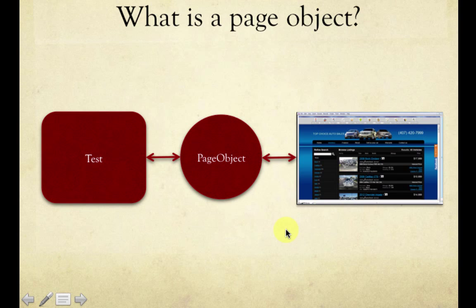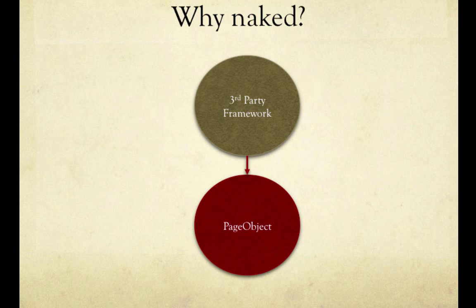Okay. So why naked? Mainly because it's a good title to get people into the room. No, so when I joined the team, we had a test framework, and basically I think none of the tests were passing, and it was very difficult to see what it was trying to do, and we stripped out a lot of layers. Probably the most controversial was Cucumber, so we got rid of Cucumber.